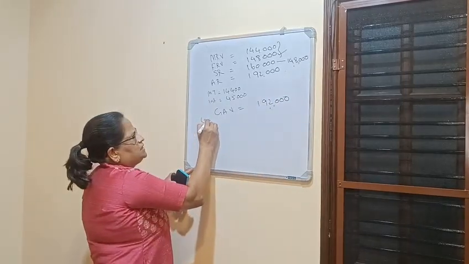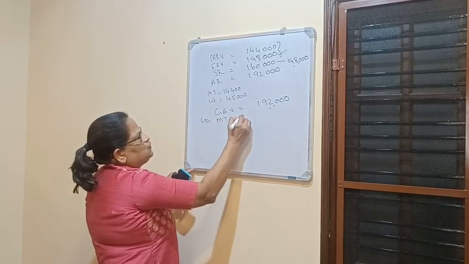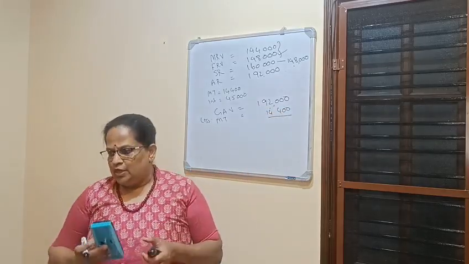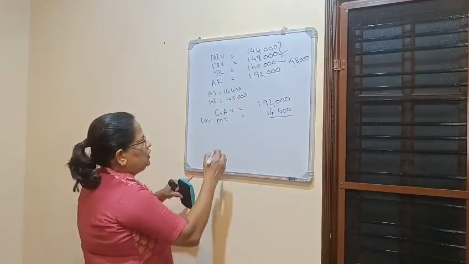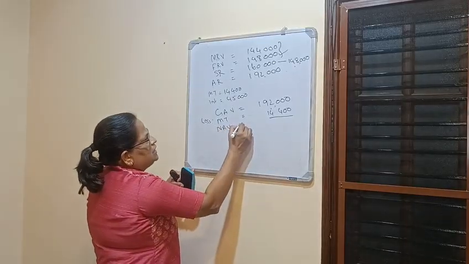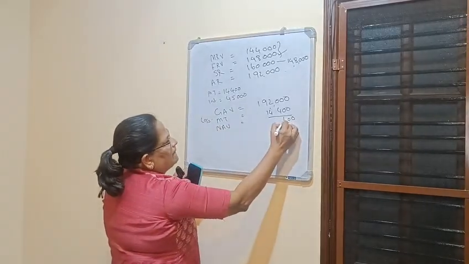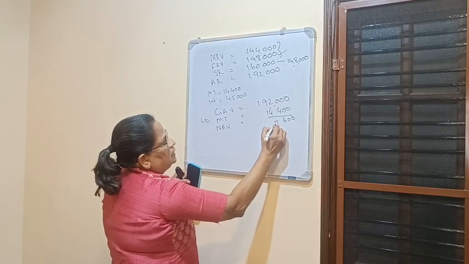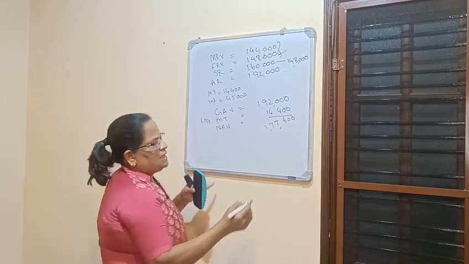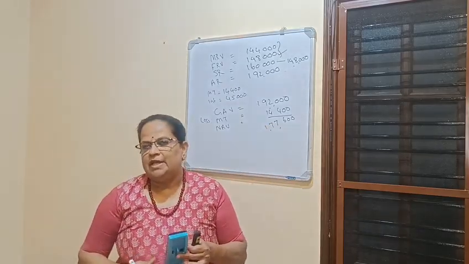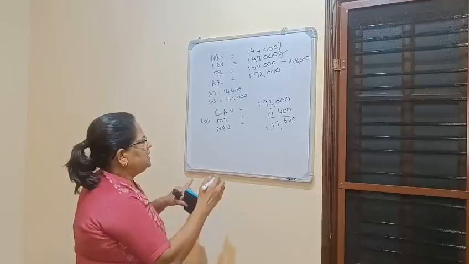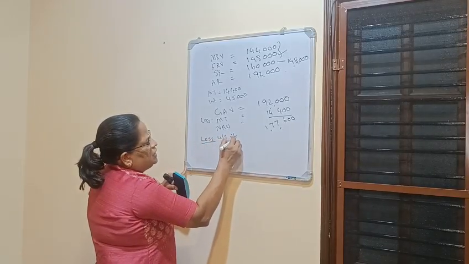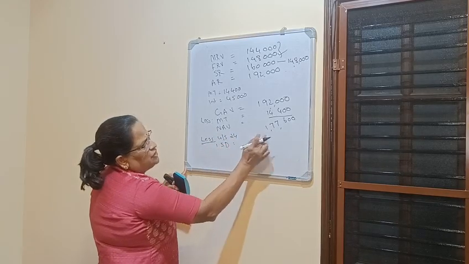Less municipal taxes 14,400. Then you will get the net annual value, that is equal to 1,77,600. Now we have to reduce less deductions under section 24. Standard deduction is 30% of this value.